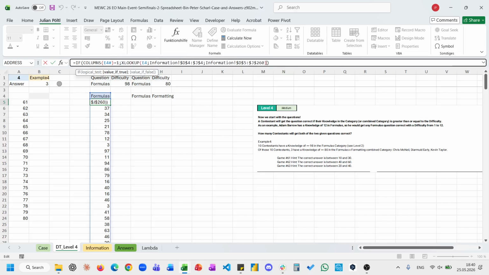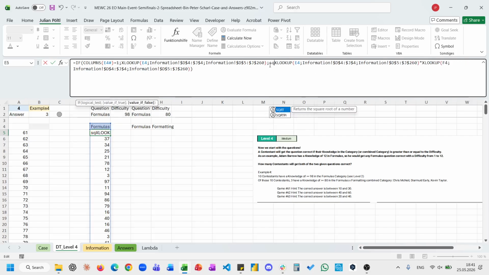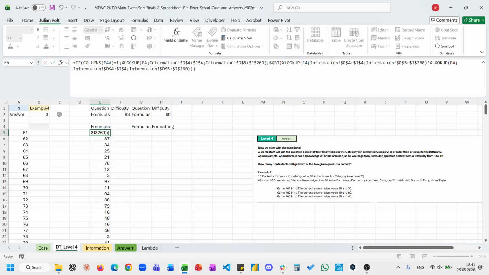And then if it's 2 categories, then XLOOKUP for this category multiplied with XLOOKUP for this category here, and then the square root of all of this.